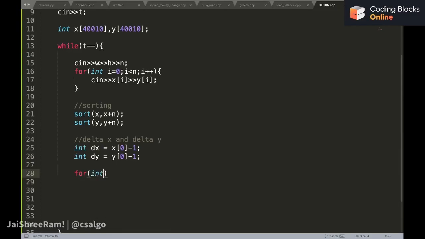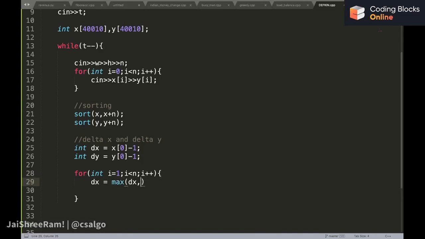Okay, for int i equals 1, i less than n, i plus plus. So I have considered the contribution of the zeroth tower. I'm starting from the first tower. So what I'm trying to do here is update my dx as maximum of old dx and the new dx.